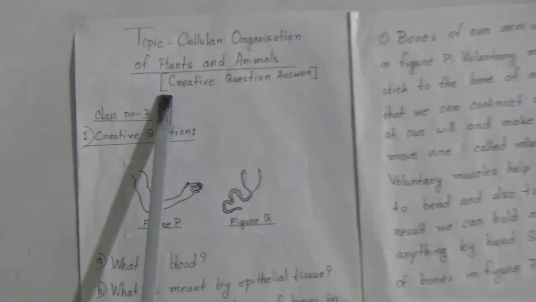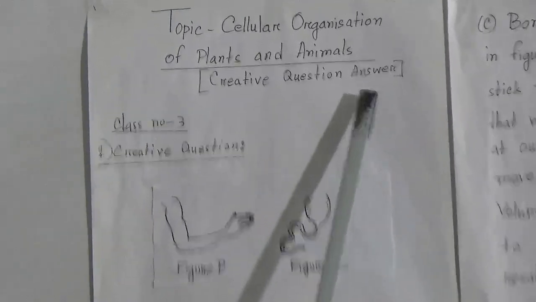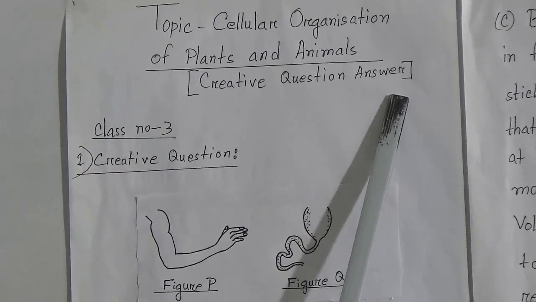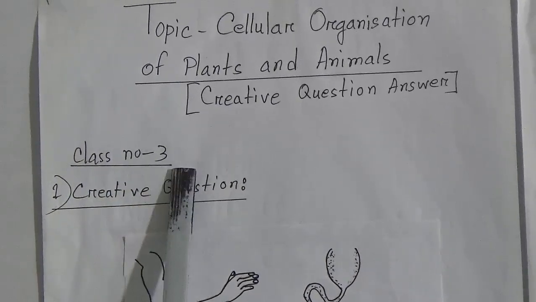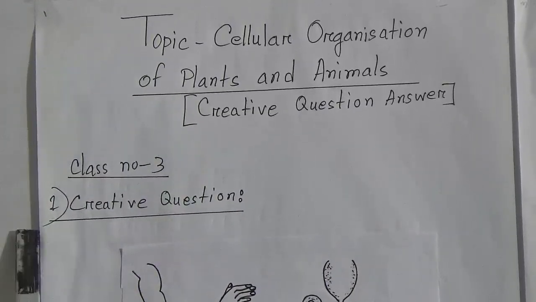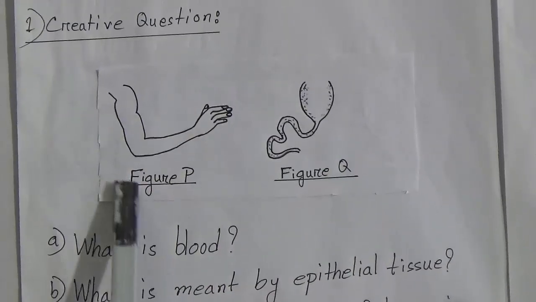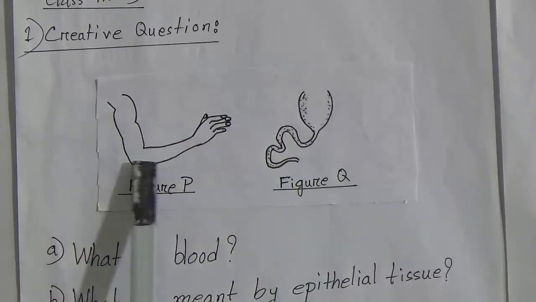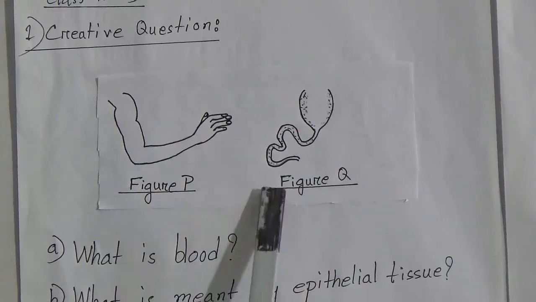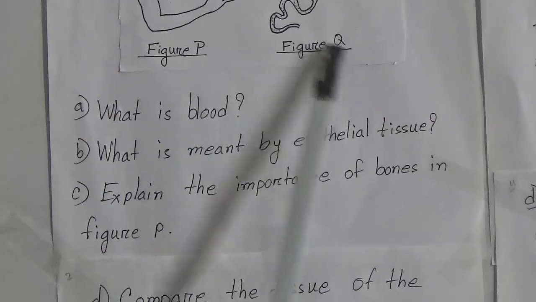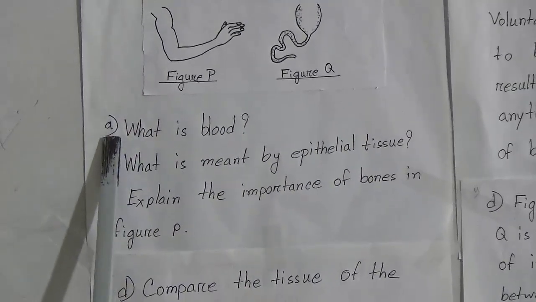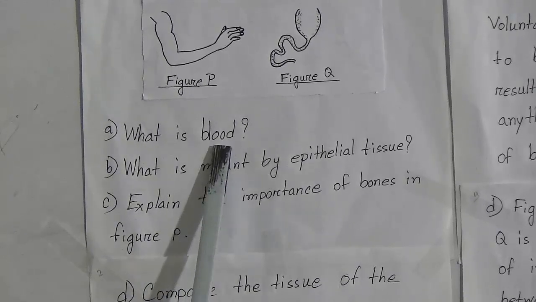This is the first creative question answer according to your book, and this is class number 3. Let's start. Number 1 creative question. Here are two figures. You can see figure P and figure Q. Question A: what is blood?